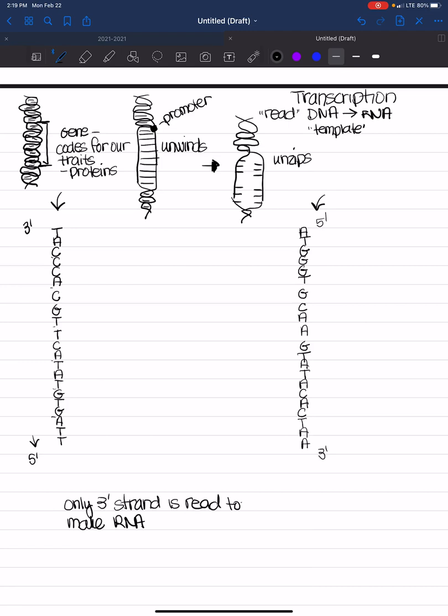The other side just hangs out and waits for everything to get finished. So remember that we have this promoter area on the gene, and that tells RNA polymerase, not DNA polymerase, because this time we're making RNA. It tells RNA polymerase where to start.